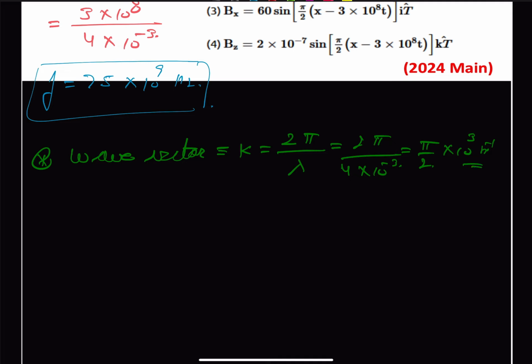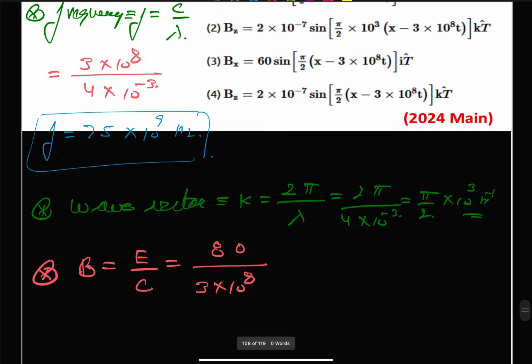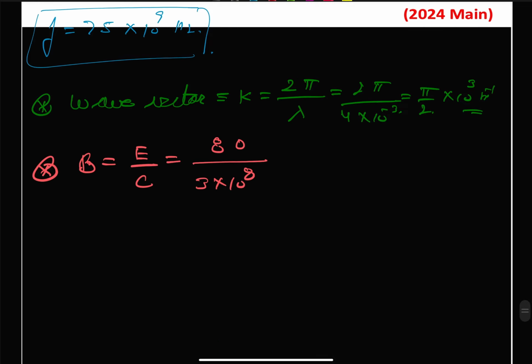And we already know the relationship between the electric and magnetic field. So the magnetic field B is equal to the electric field divided by c. The electric field is given to us as 60, sorry, not 80, and c is 3 × 10^8 meter per second. So this comes as 2 × 10^-7 Tesla.